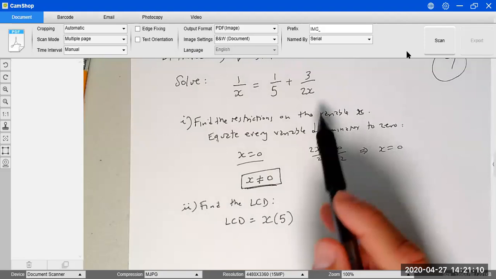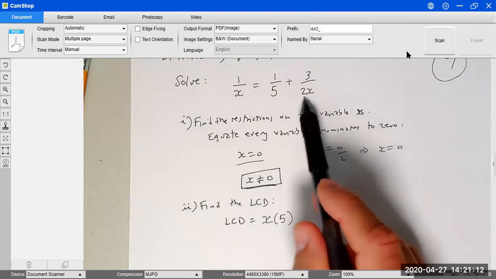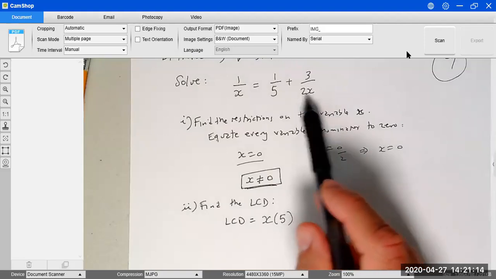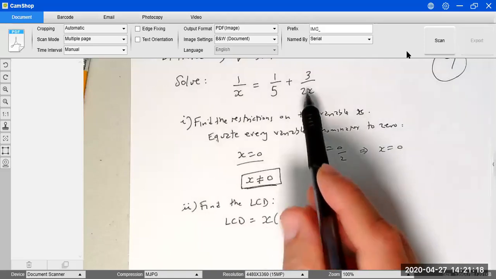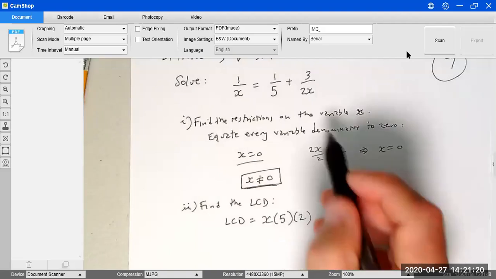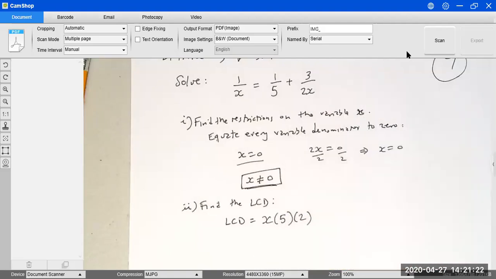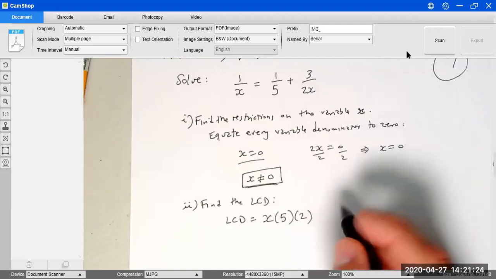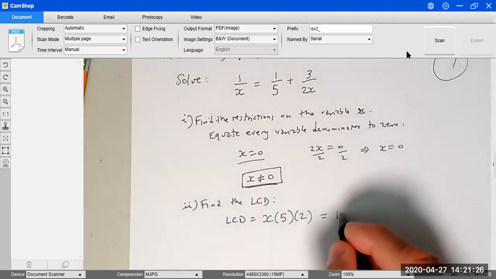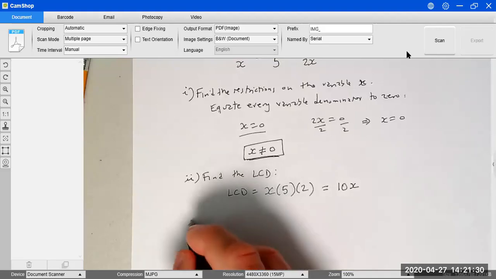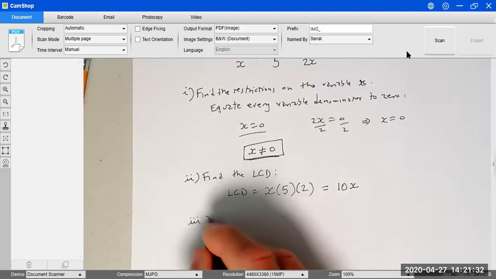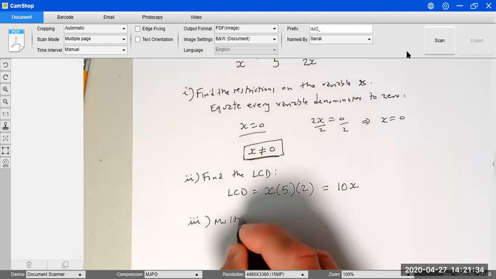Then we multiply by the factors from the third denominator that are not already here. 2 is not here, but x is, so we don't need to multiply by x again. So our least common denominator is going to be 10x.